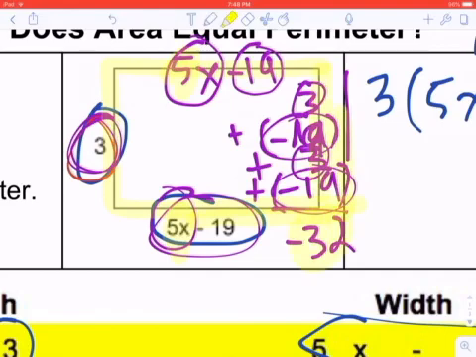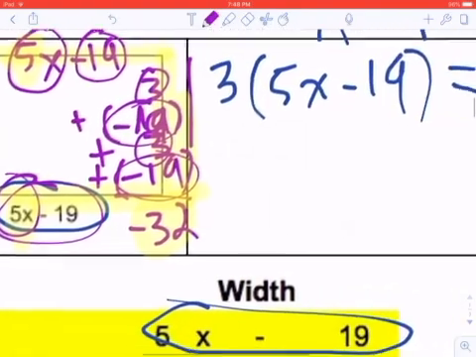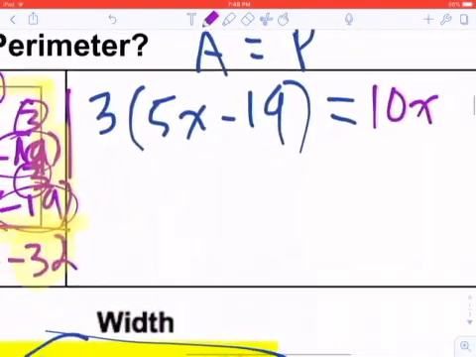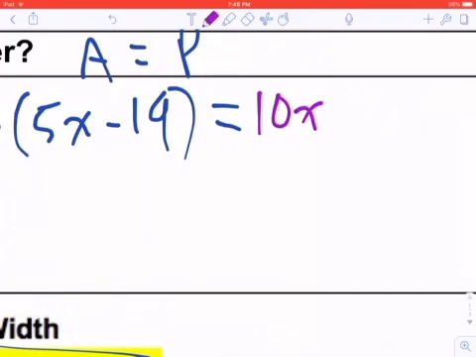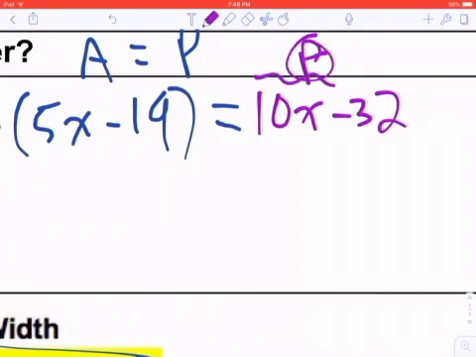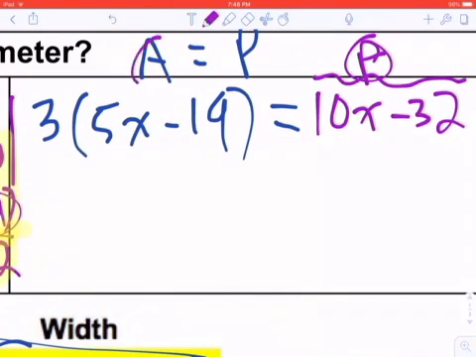So plus negative 32, which is minus 32. You're going to have to do that as you go through. So the perimeter is 10x minus 32, and this is the area. So we're saying that the perimeter and the area are equal.